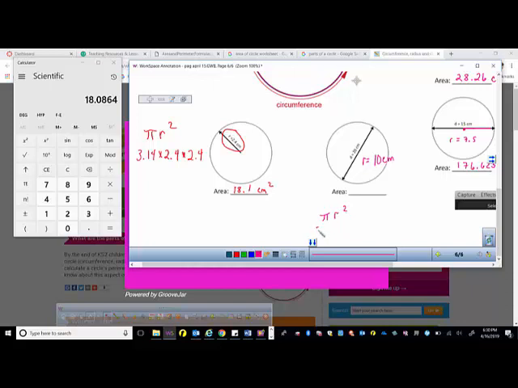So pi is 3.14 times my radius is 10 squared, means I have two of them. Go to my calculator, 3.14 times 10 times 10, I get 314 centimeters squared.